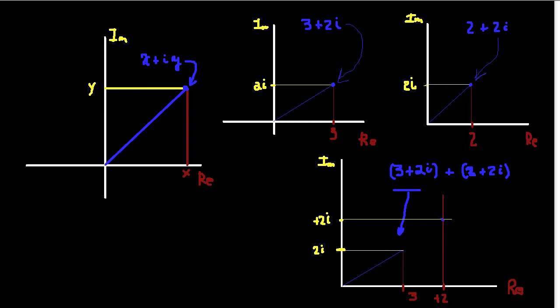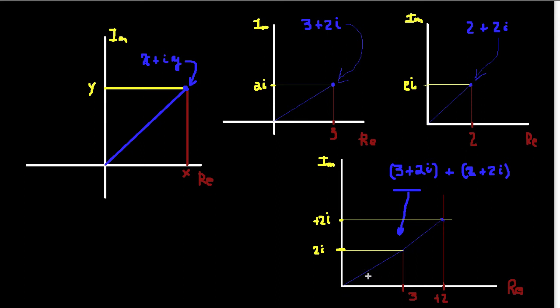Notice that this new number is in fact just what we get when we take our first blue line and tack on to the end of it the second blue line.